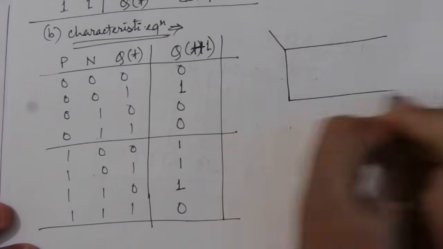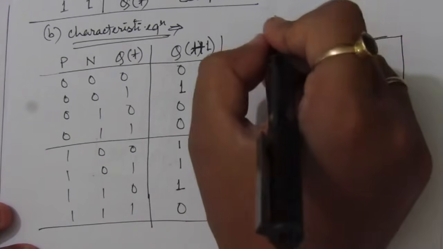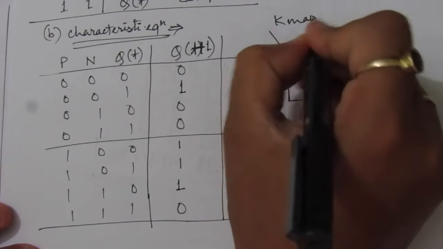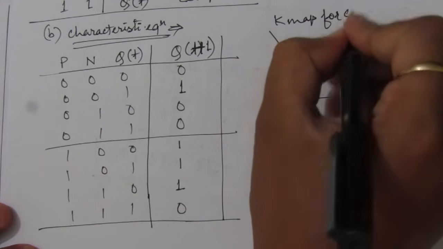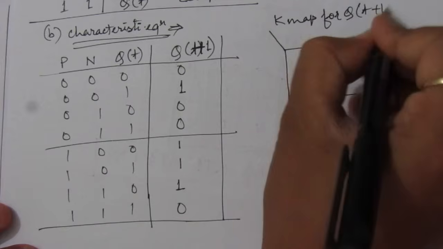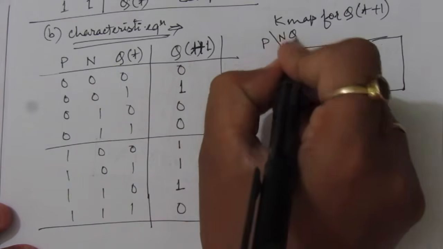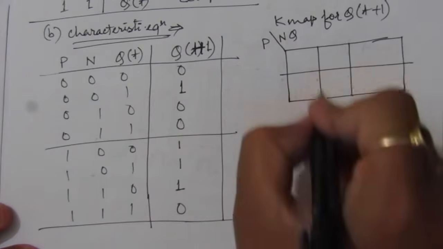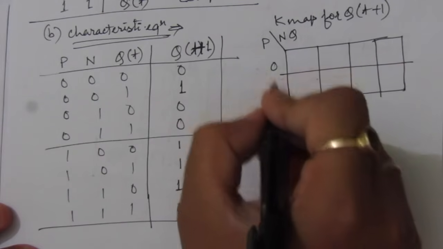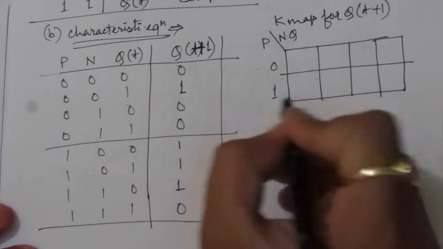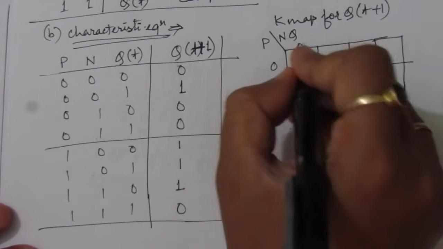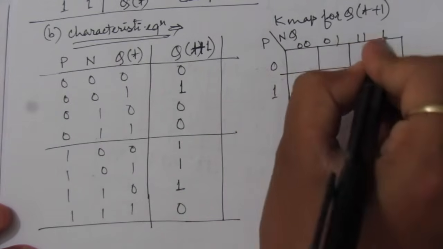So we'll make a K-map for Q of T plus 1. The inputs are P, N, and Q. This is a similar process to the previous examples from previous chapter problems. 0 0 0 1 1 1 1 0.